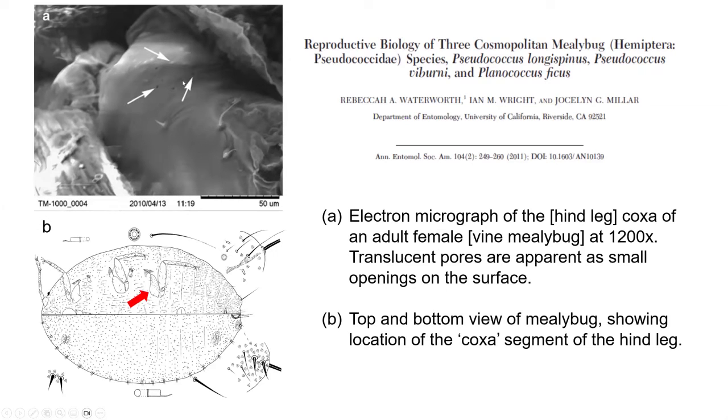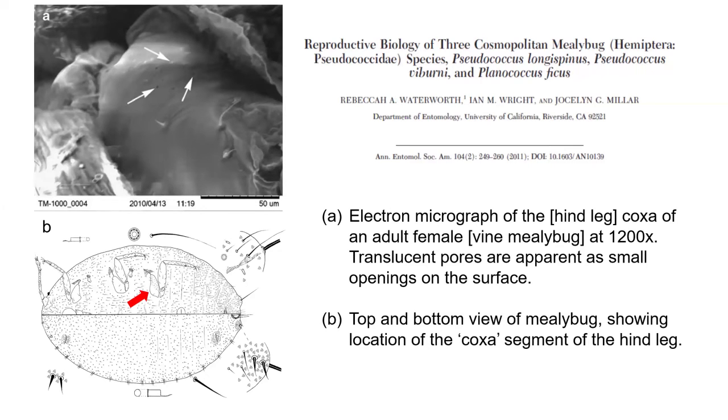On a mature female mealybug, you have all these little pores on that hind coxa, and that's where the female emits the pheromone from. And so how mealybug mating disruption works is that we're overwhelming the system, the vineyard, with so much sex pheromone that the small amount this female is putting out is just not picked up by the male mealybug.